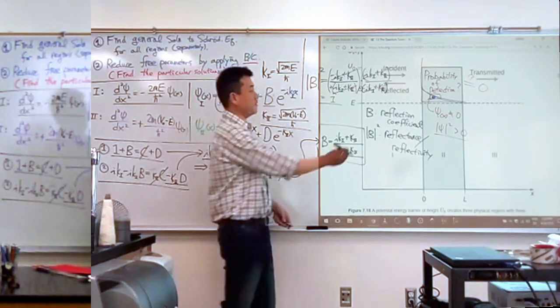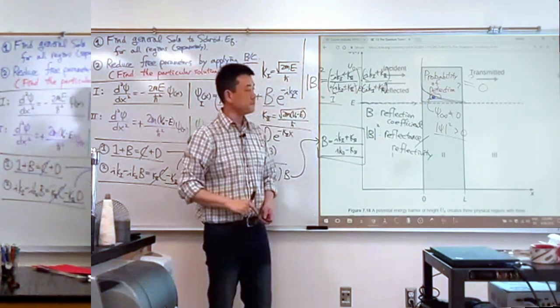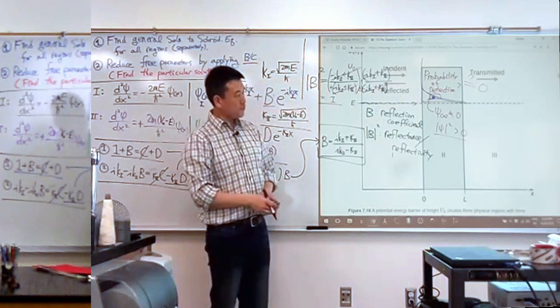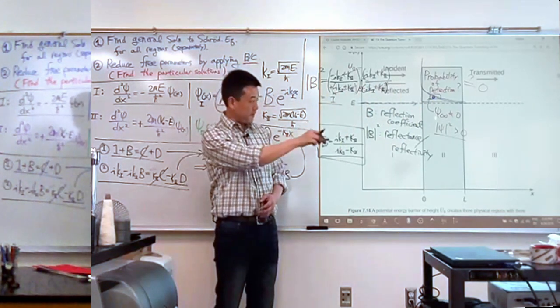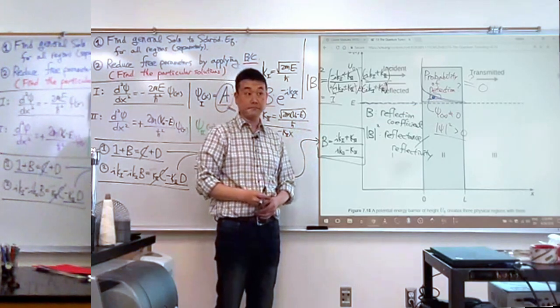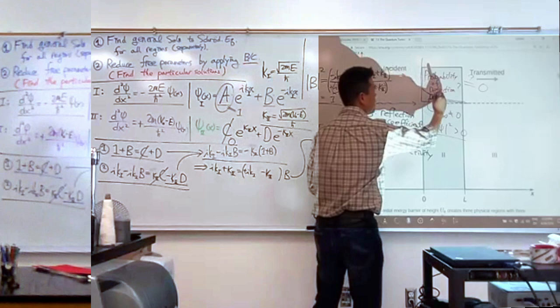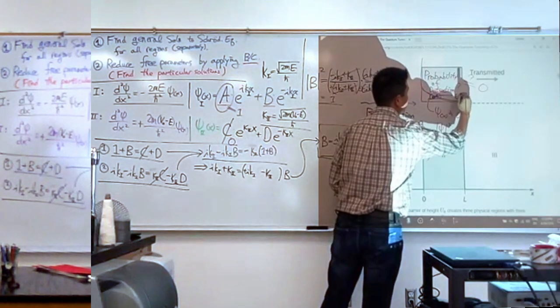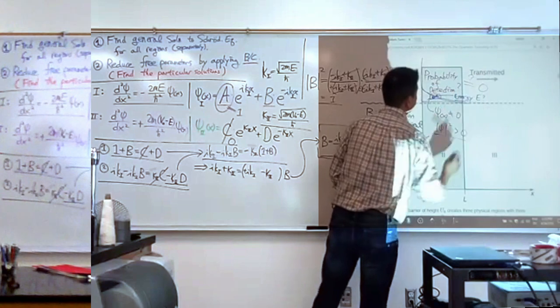And you know the particle came in with some amount of energy E. How much energy do you think this particle would have here if you found it at this x location? Do you think the particle here would have energy E or some different value?